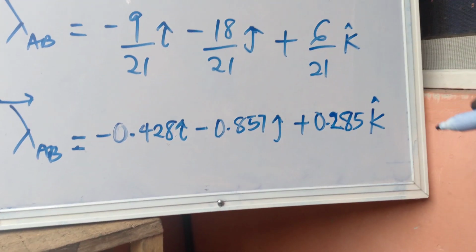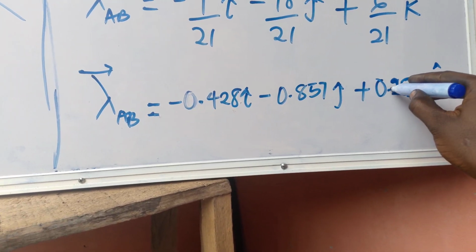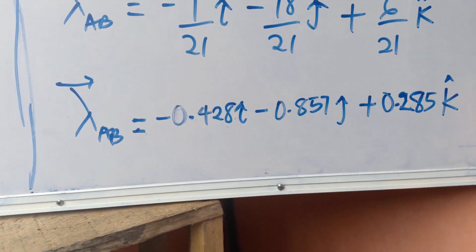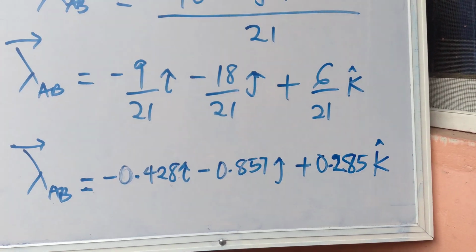Alright, so that is it. Lambda AB is that.